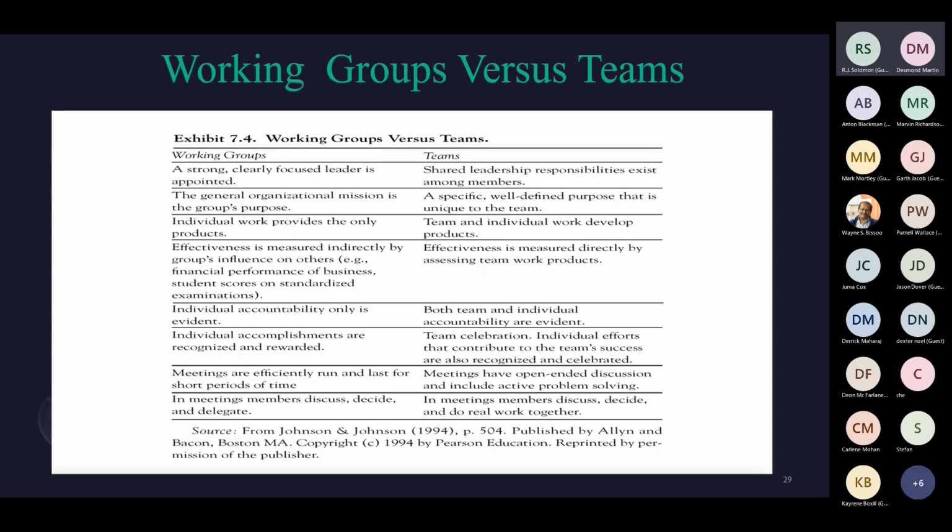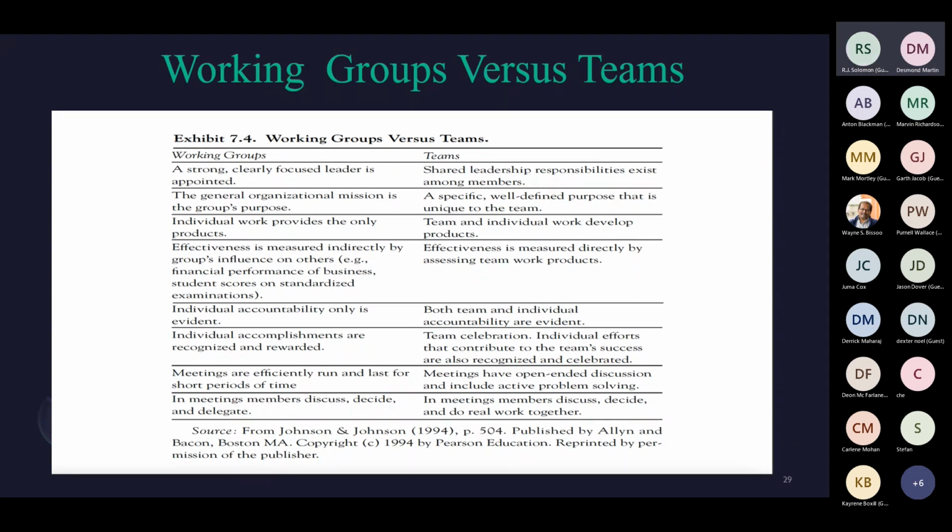In the group, only individual accountability is evident, and in a team, both team and individual accountability are evident. Individual accomplishments are recognized and rewarded, while in a team, individual efforts that contribute to team success are also recognized and celebrated.